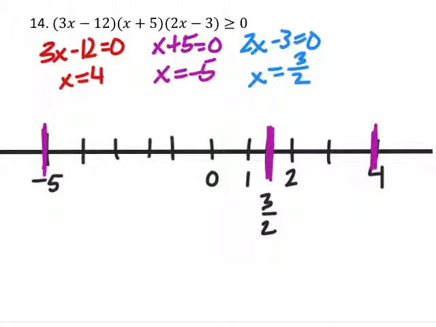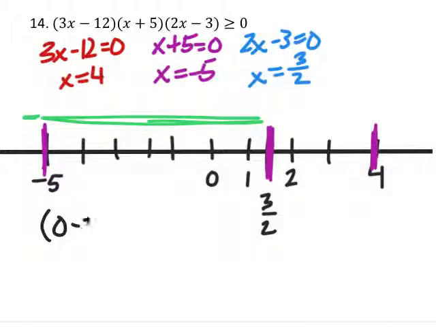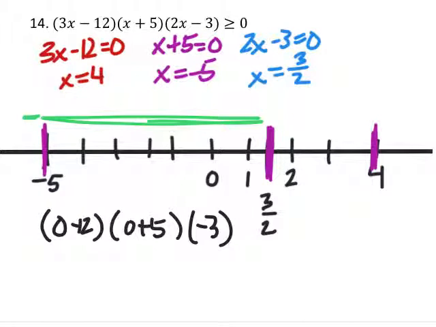Okay, so let's try then, well, I'm sorry, because already we've tried values to the left of -5, let's try in between -5 and 3/2. A value like 0. So we have 3 times 0 is 0 minus 12. I'm skipping a couple steps here. Then we have 0 plus 5. And 2 times 0 is 0. That's going to give us a -3.